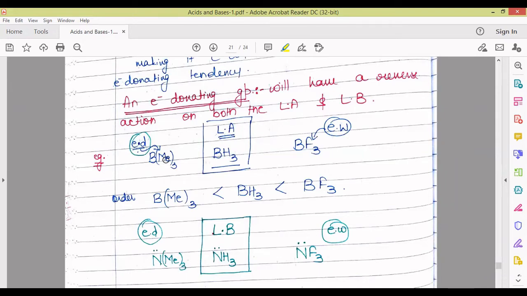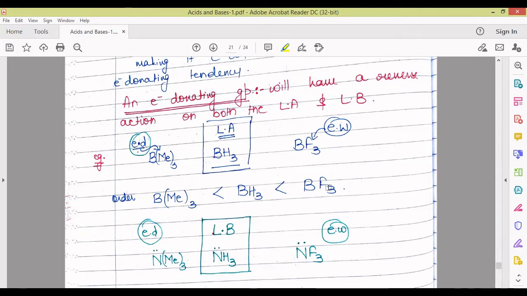Let us see what effects they make on the Lewis acidic strength of BH3. As the electron withdrawing groups are present, they will make this boron more electron deficient, as they will extract electron density from the central atom. So they are enhancing the Lewis acidic character of BH3 when hydrogens are replaced with fluorine.